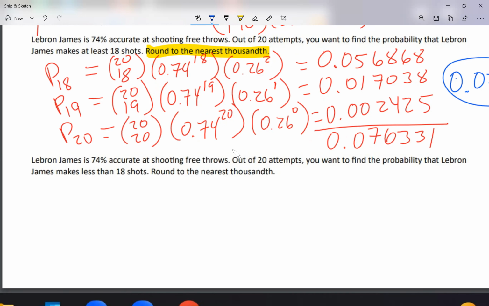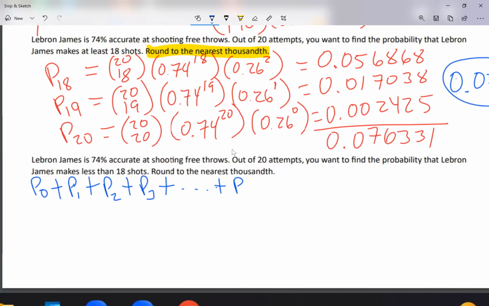Less than 18 shots means the probability that he makes 0 shots, plus the probability he makes 1 shot, plus the probability he makes 2, plus the probability that he makes 3, dot, dot, dot, all the way to the probability that he makes 17 shots. I'd be like, holy smokes, that's a lot of work.